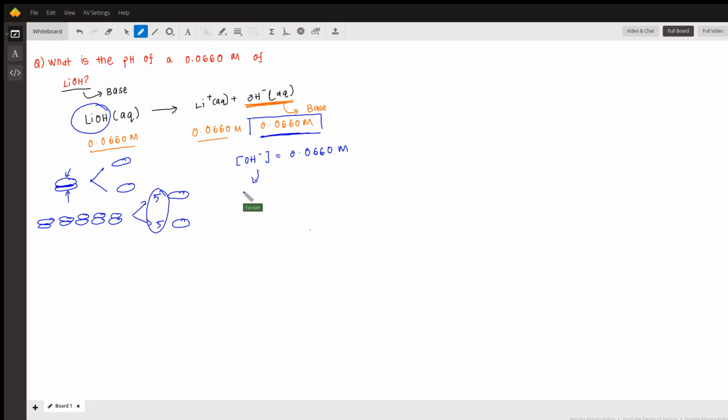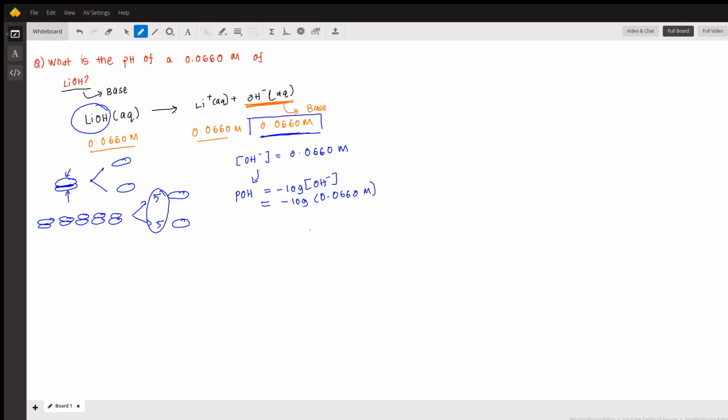Now from there we can find the pOH. What is pOH? pOH is equal to negative log of OH minus, which is the hydroxide concentration. So in this case, it is negative log of 0.0660 molar. I want you to try to find out how much that's going to give you.